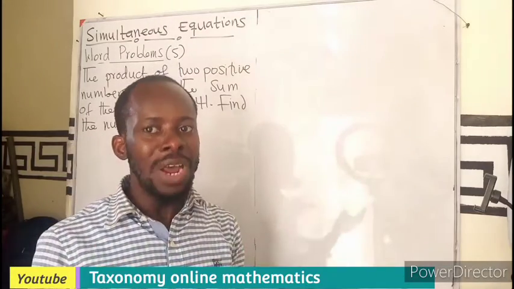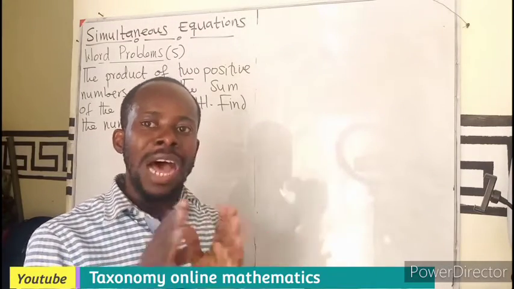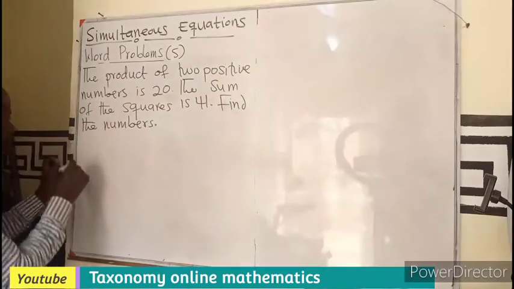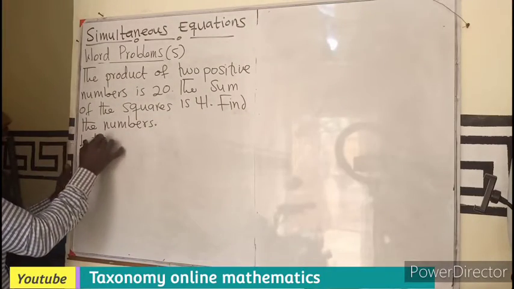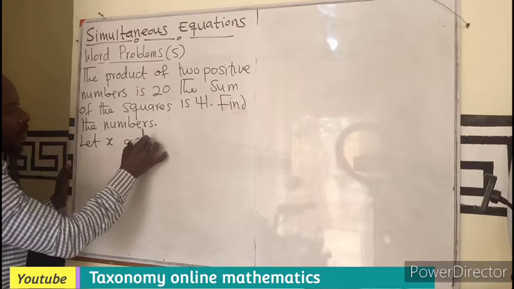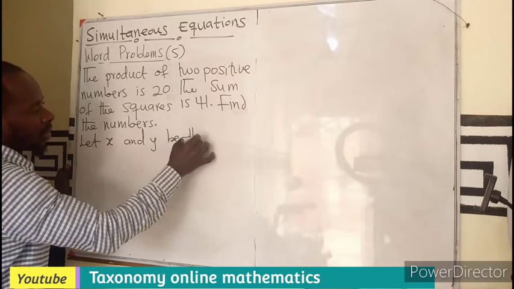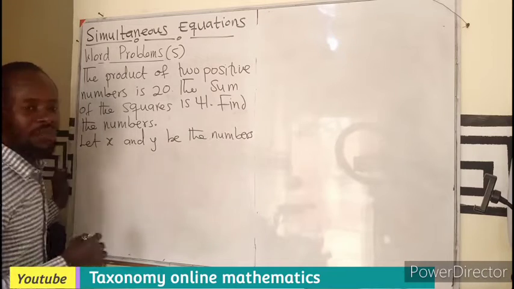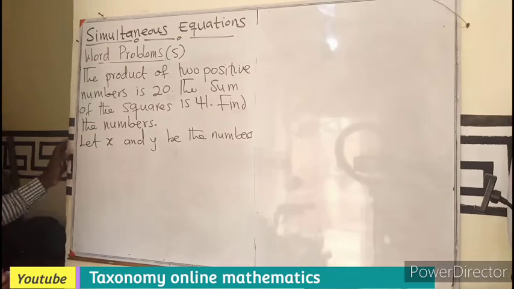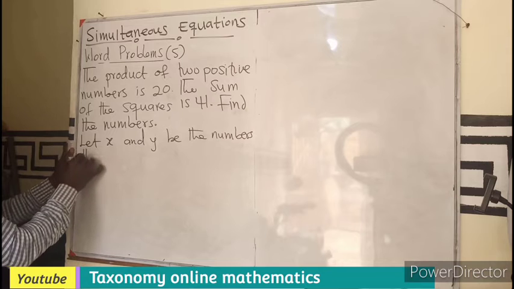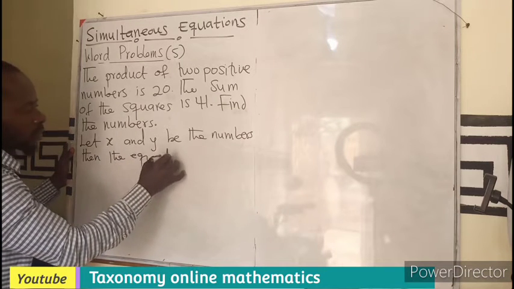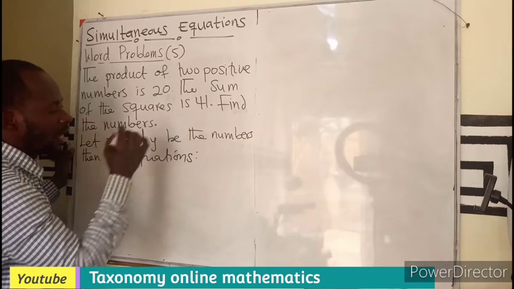So since there are two numbers, we need two unknown variables or quantities. So let x and y be the numbers. So if x and y are the numbers, then what are going to be the equations?